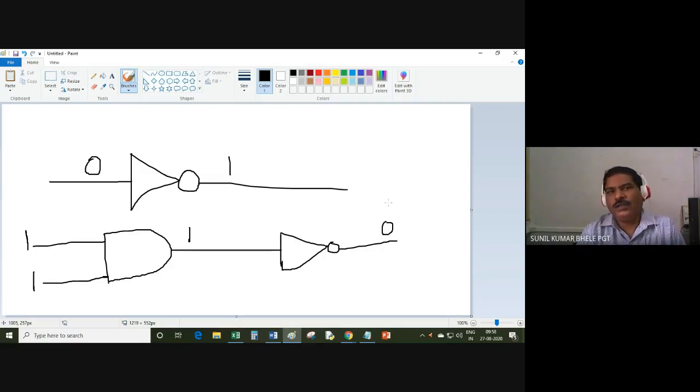So if the input is 1, the output of this NOT gate is 0. If the input is 0, the output is 1. And in this AND gate, only if all the inputs are 1 is the output 1.